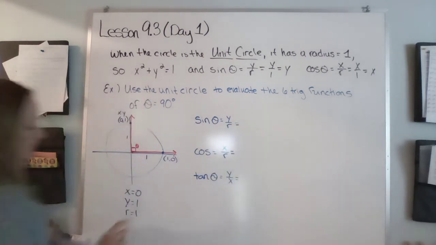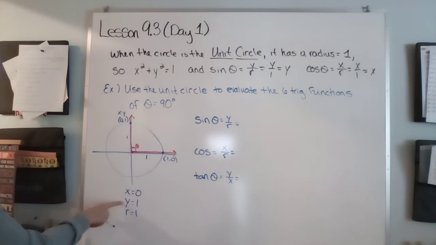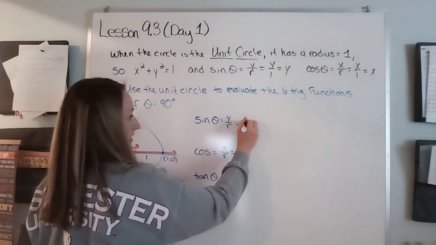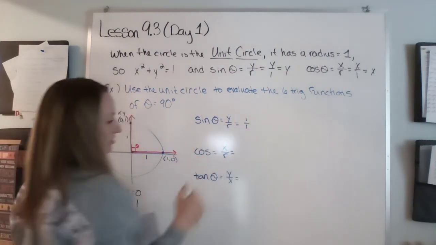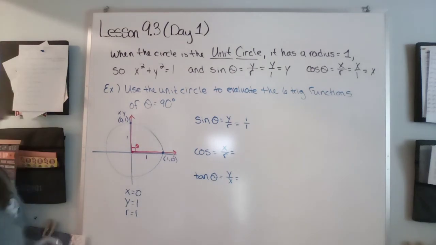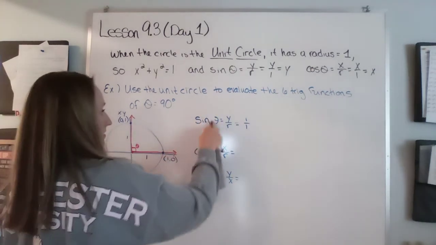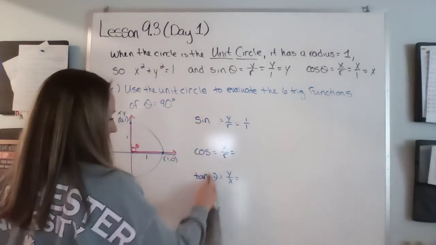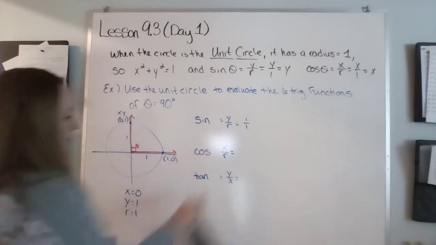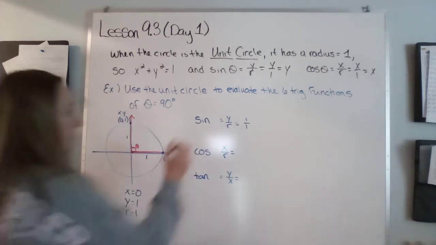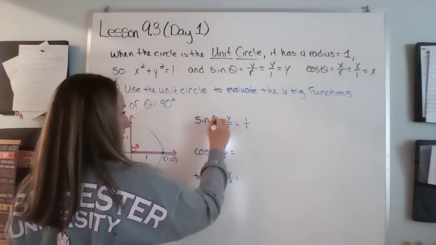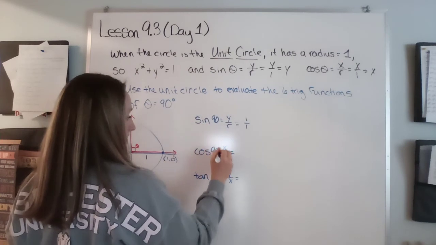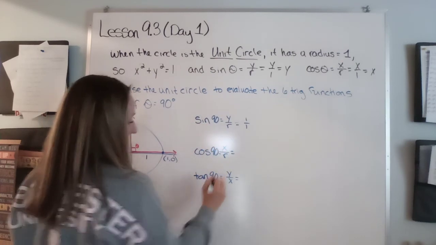Okay, so using these values, I'm going to have 1 over 1 for sine of theta. I should have a 90 degrees there. Maybe I should go back and put 90 instead of theta. That one I forgot. And change that to sine of 90, cosine 90, and tan 90.